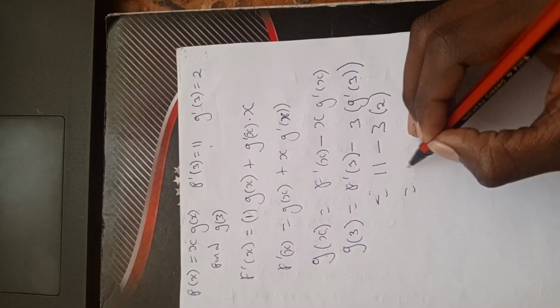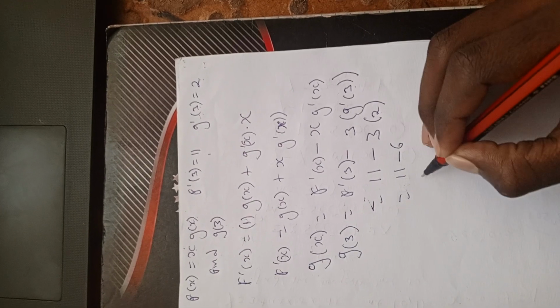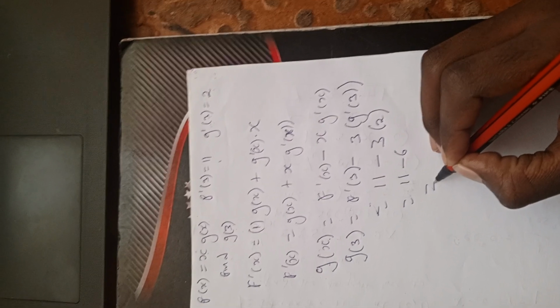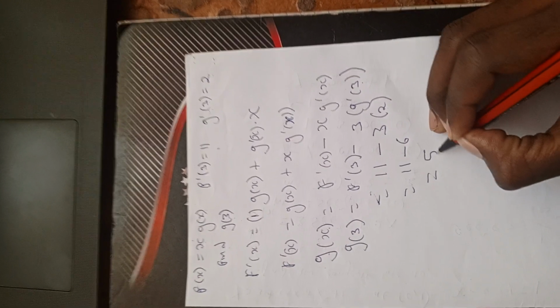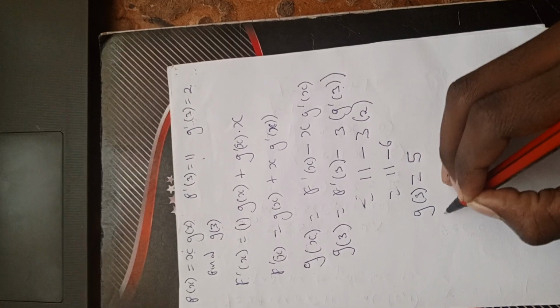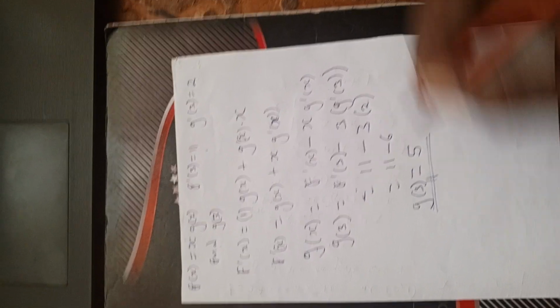Now 3 multiplied by 2 is 6. 11 less 6 is 5. So g of 3 is equivalent to 5.